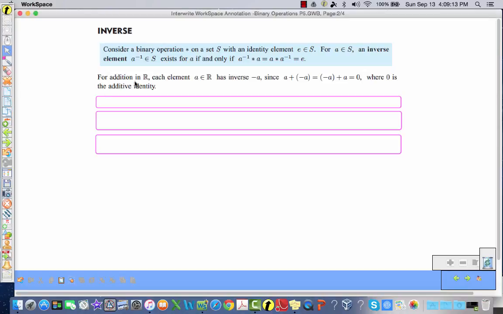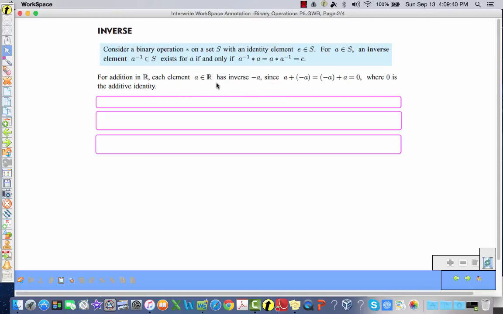Okay, so what do we got hidden under here? For addition in the real numbers, each element A has inverse negative A, since A plus negative A is equal to negative A plus A equals 0, where 0 is the additive identity. So we already talked about 0 being the identity element for addition. And this is really just to get you familiar with what an inverse is.